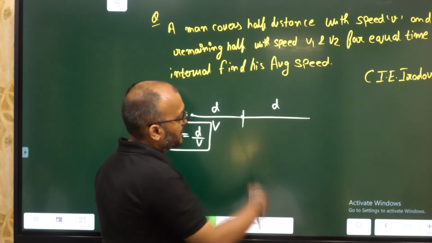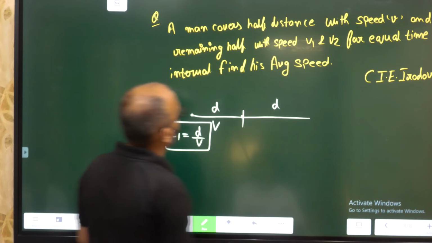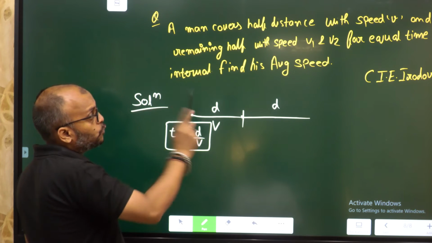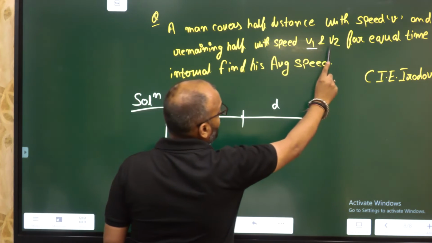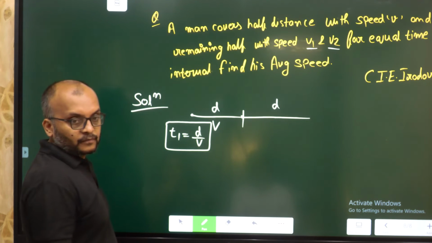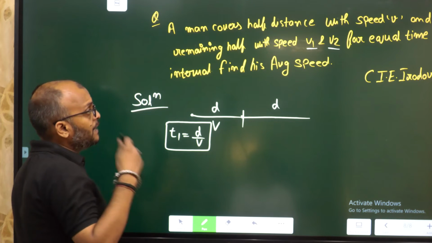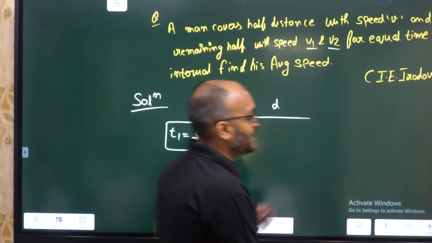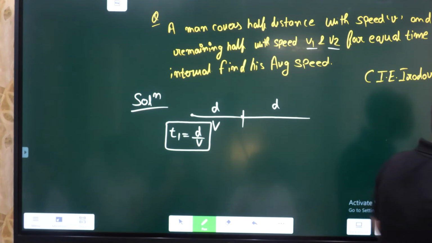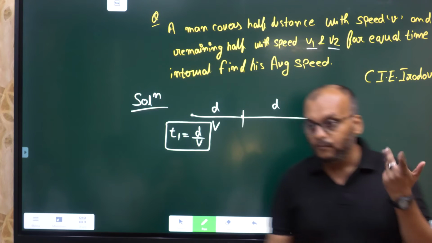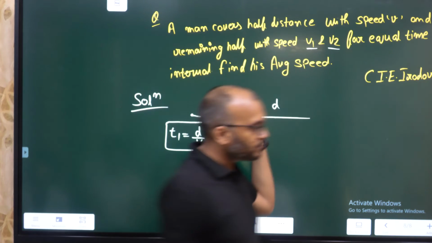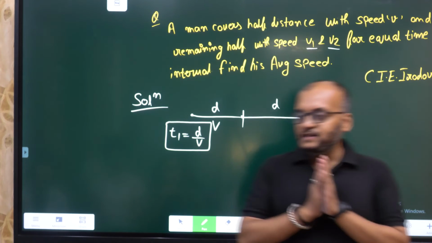What about the remaining half? The remaining half is covered with 2 speeds, V1 and V2, for equal time interval. Now what is the meaning of this? Forget about distance.